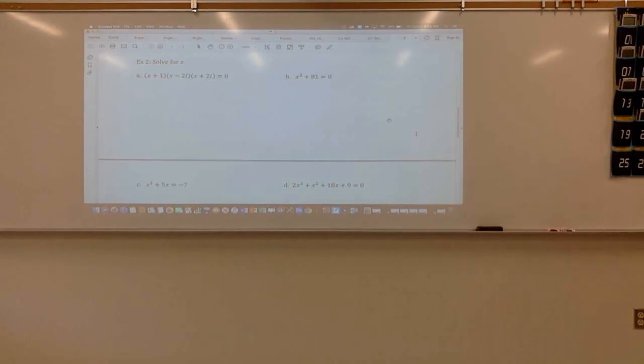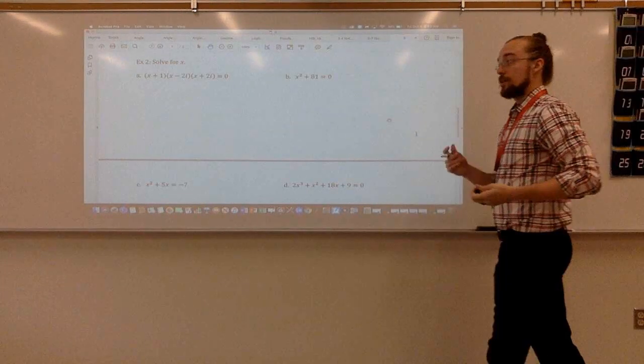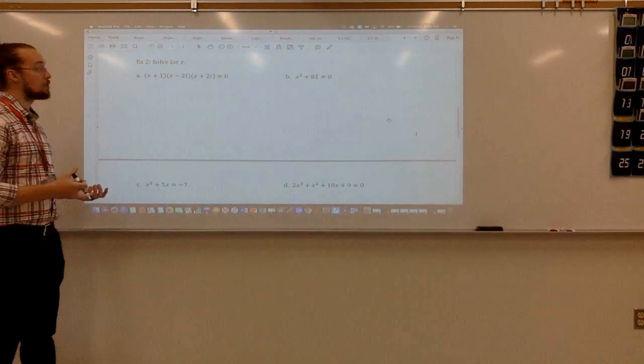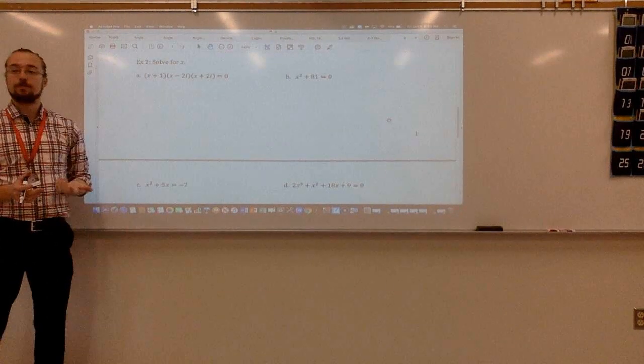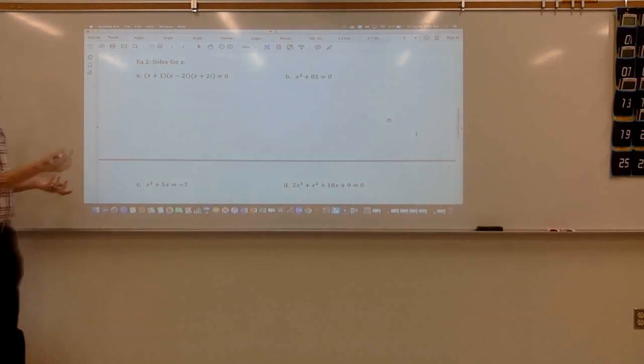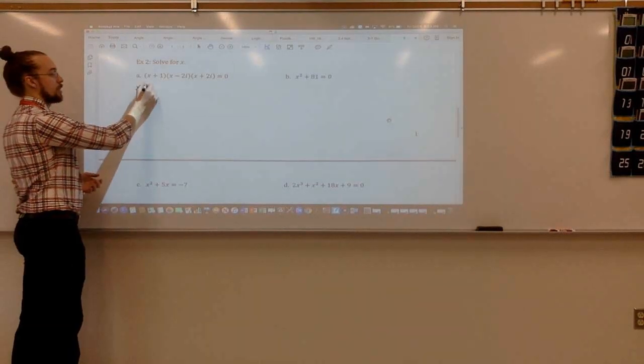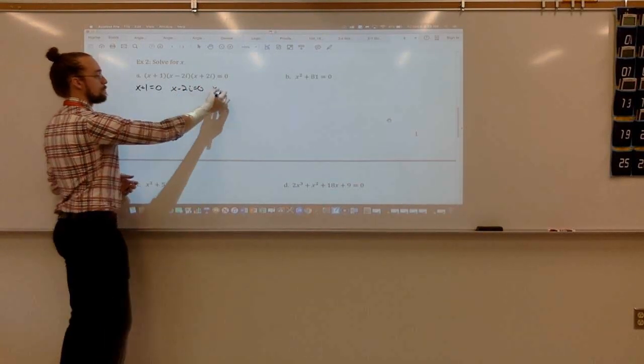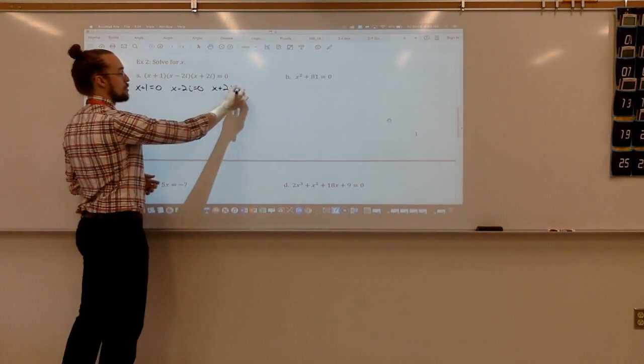Sure. So on the first one, it's already factored for us, right? To solve for x, I'm just setting each individual factor equal to 0. So x plus 1 equals 0, x minus 2i equals 0, and x plus 2i equals 0.